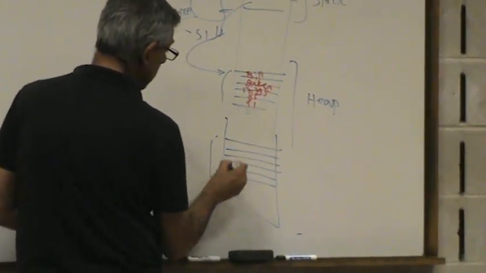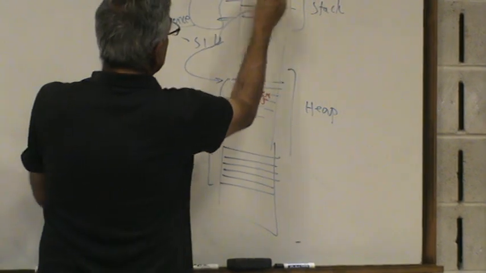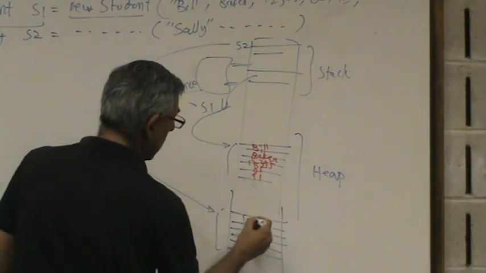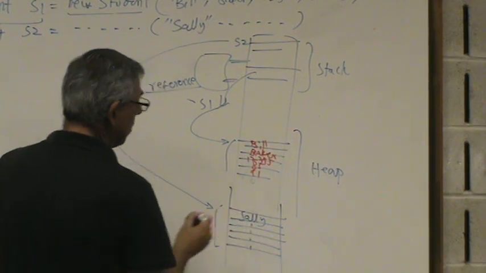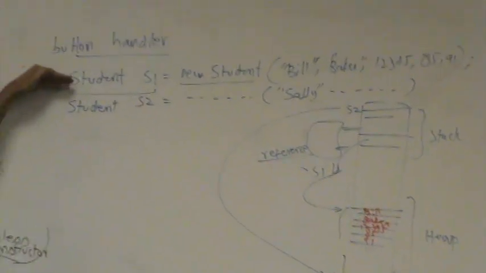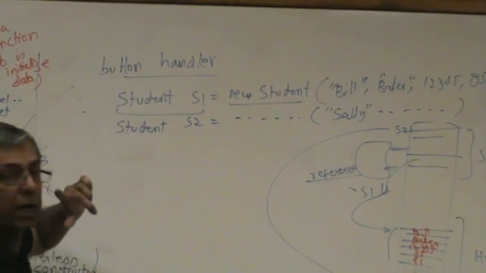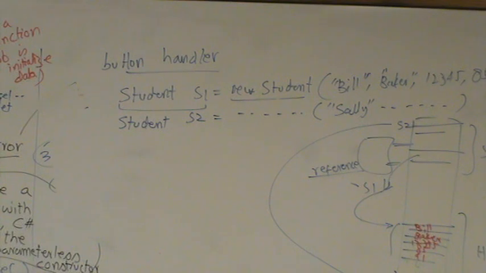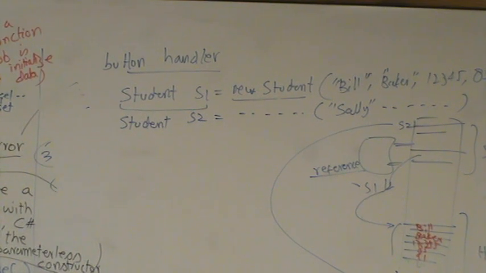So this one is S2, and this S2 will be pointing over here, and it will contain Sally and the rest of the data. So as you can see, to initialize one student, how many lines of code do we have to write now? 1, whereas previously we had to write 5 lines of code. So the constructors make our life easy, right?